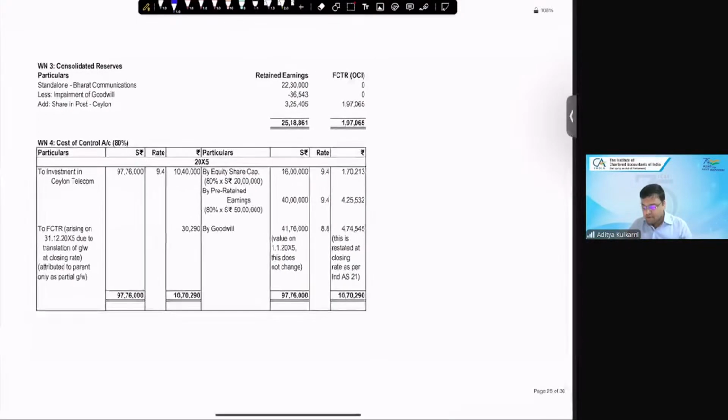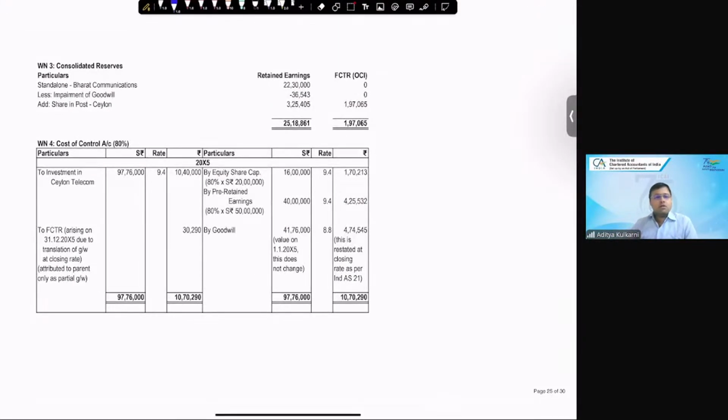ठीक है, तो बस इतना सा याद रखो, just remember this, and then we shall come to the question. See, cost of control, investment in Ceylon, it was 10 lakh 40,000 in functional currency. I applied the rate of 9.4. So in foreign currency, I have paid 97 lakh 76,000. Have you understood this?